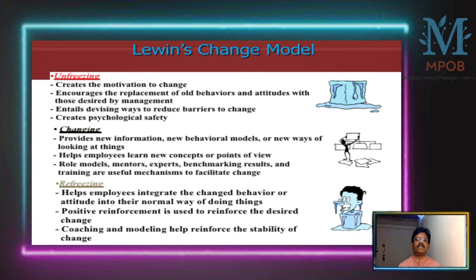So unfreezing change, so create the motivation to change, right? And encourage the replacement of old behavior and attitude with those desired by management. It involves devising ways to reduce barriers to change and create psychological safety, right?